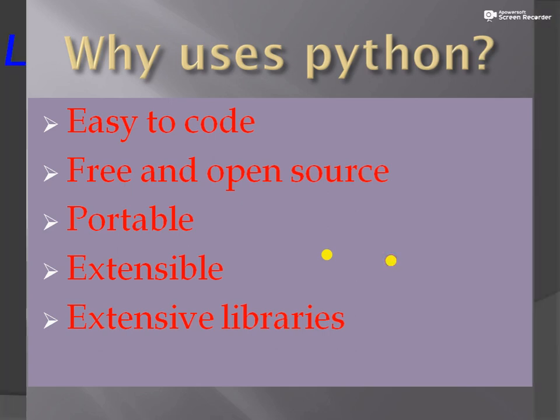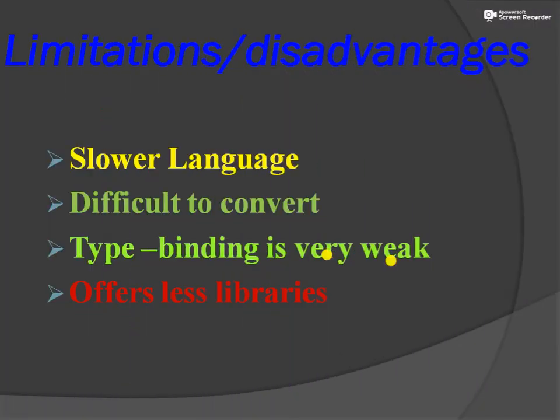Now move to the next topic, limitation and disadvantages of Python. As we all know, every coin or thing has two faces, merits or demerits. Likewise, Python also has some disadvantages or limitations, like slower language.